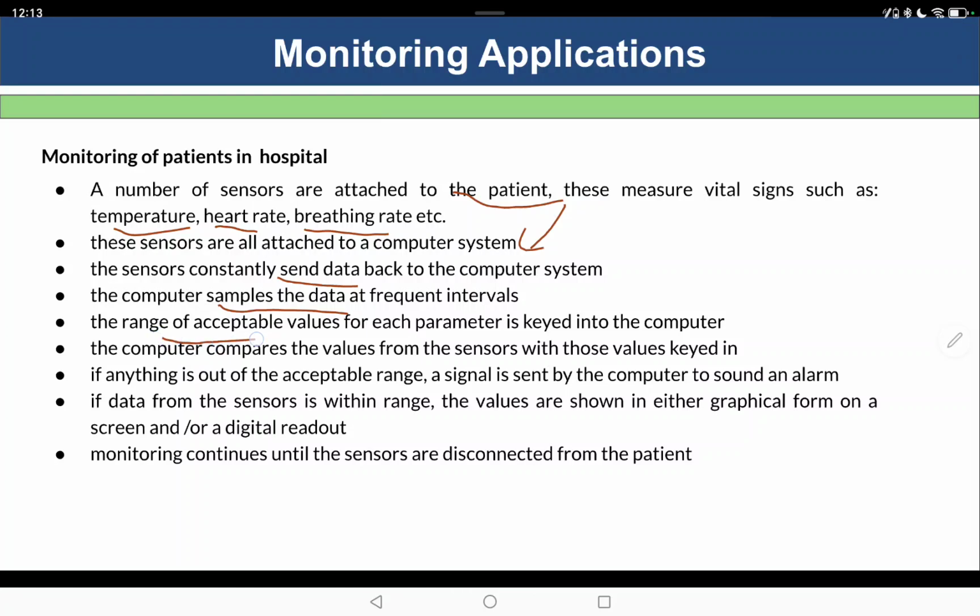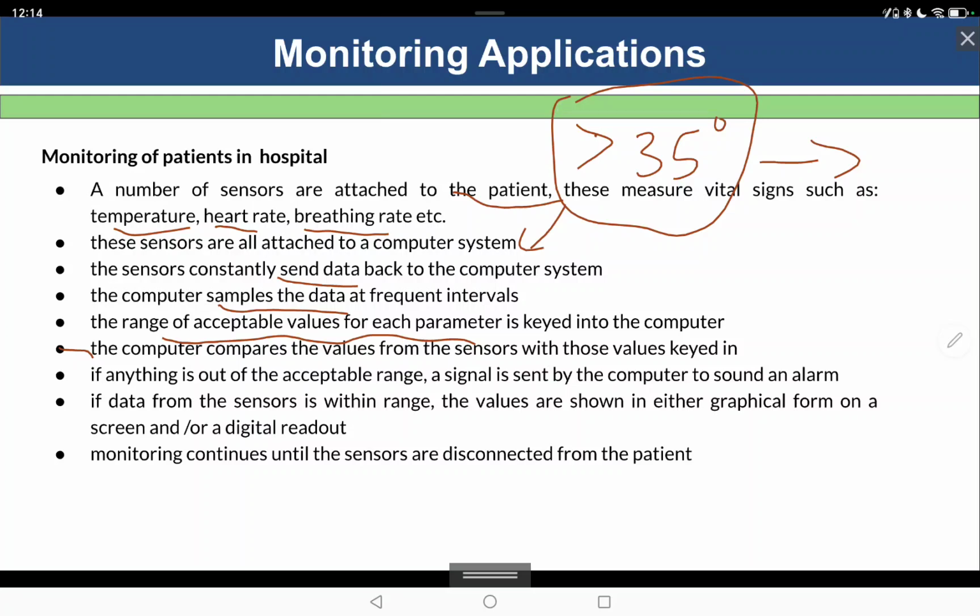The range of acceptable values for each parameter is then keyed into the computer system. Next, the computer system will compare the value from the sensor with the values that are keyed in. For example, let's say the temperature keyed into the computer system is greater than 35 degrees, meaning that if it is greater than 35 degrees, then something needs to happen.